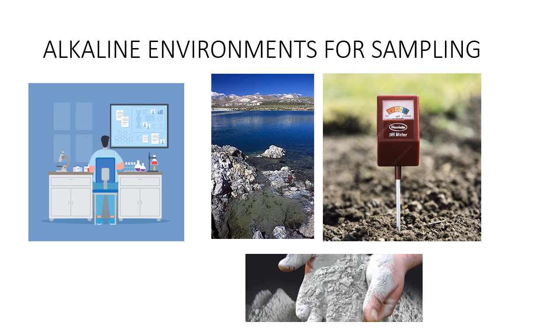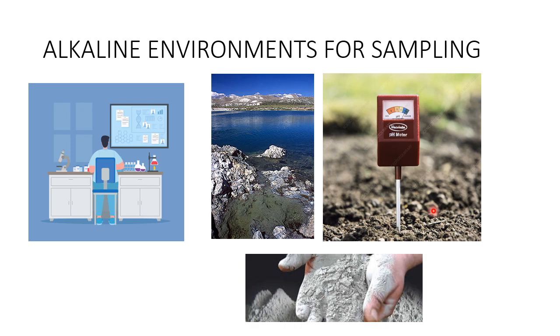So what are the alkaline environments that you can go for? If you have a lake which has alkaline pH water, okay, you can check the pH of the water and you can use that water as your sample. Next is go for soil samples which have alkaline pH, okay, 9 or above 9. You will find such kind of soil near an industrial area where it is contaminated, that is one option.